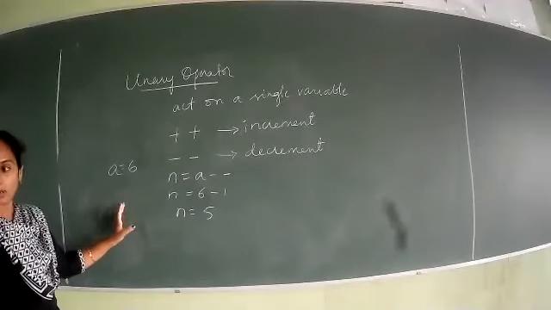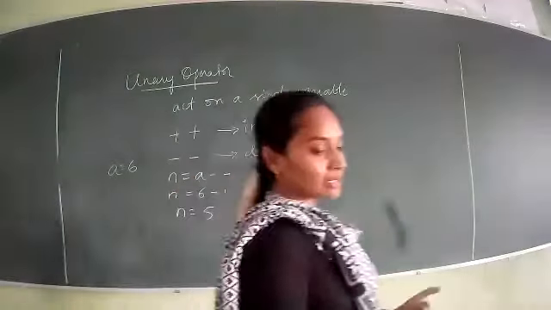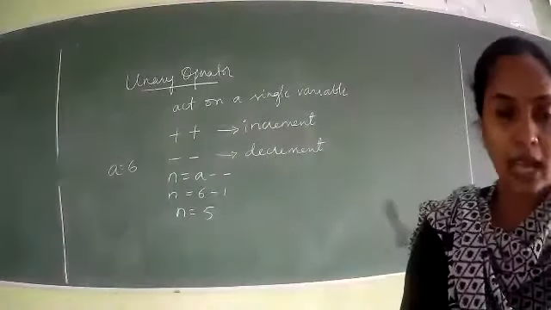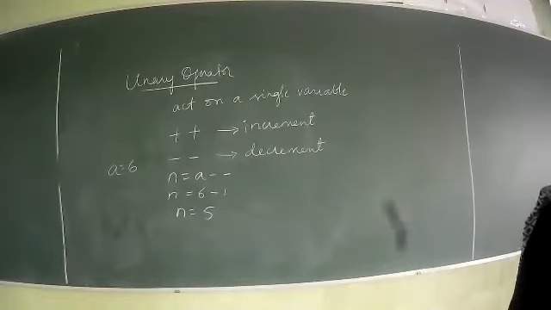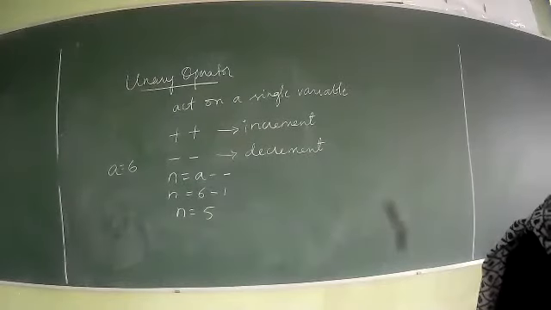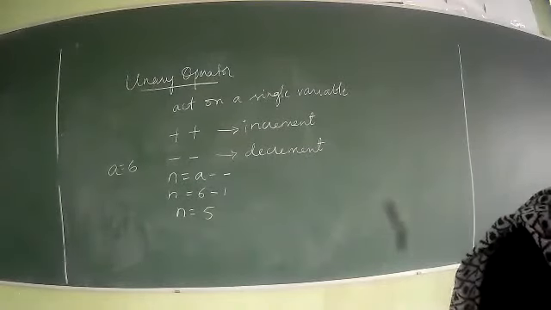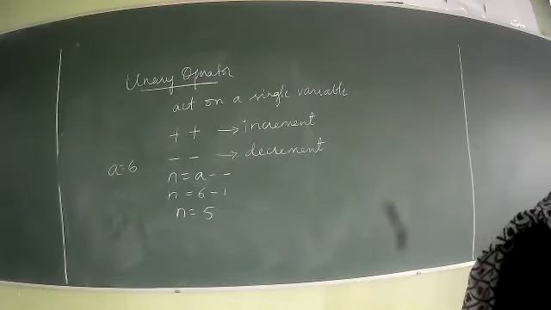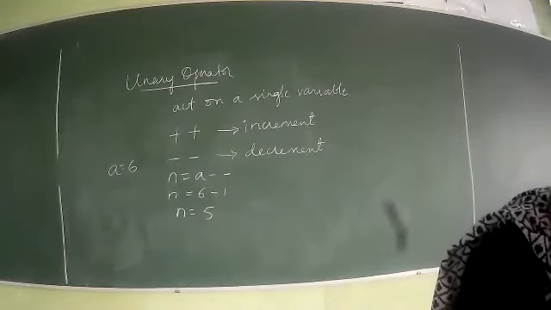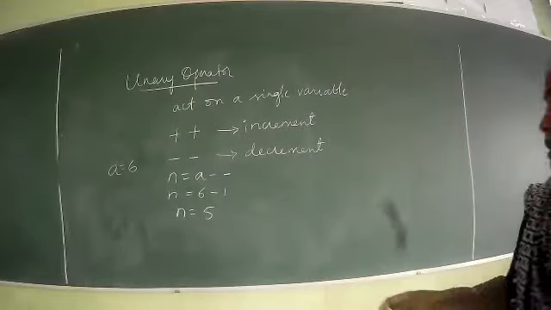Is that clear what I have told? Look at the board. I will tell once again. Unary operators act on a single element. Here you have two types of unary operators, that is the increment operator and the decrement operator. In the increment operator, we have two plus symbols.